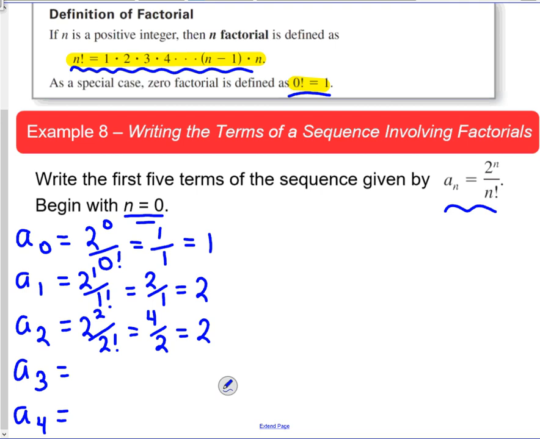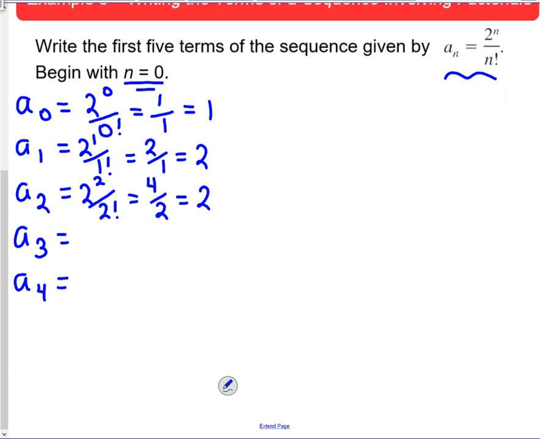We're making it here. The next substitution we're going to make for n is a 3. So it's 2 to the third over 3 factorial. 2 to the third is 8. 3 factorial, 3 times 2 times 1 is 6. 8 over 6 simplifies down to 4/3.